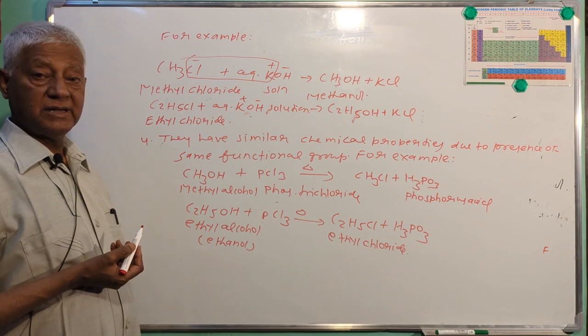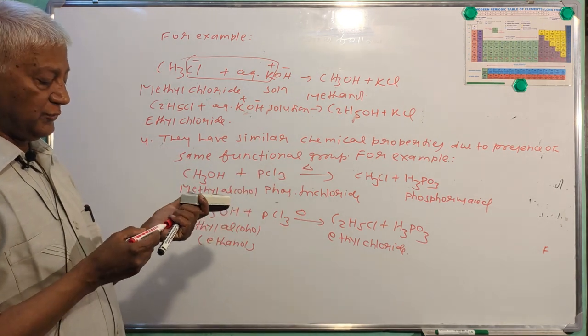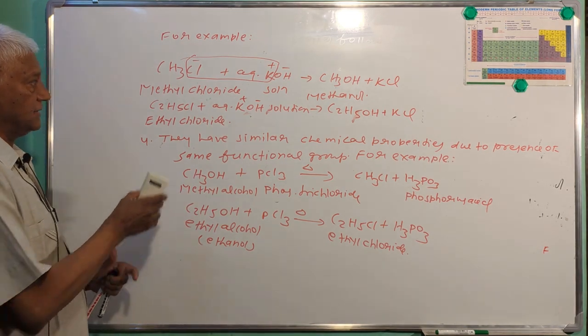Why? What is the reason over here? Due to the presence of the same functional group. So we are familiar with 4 characters.